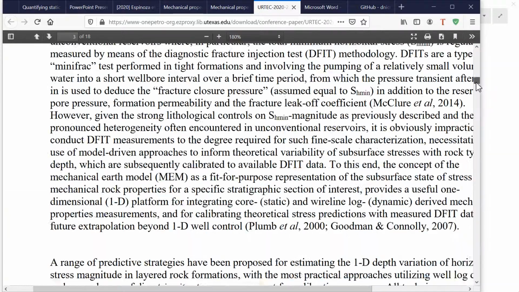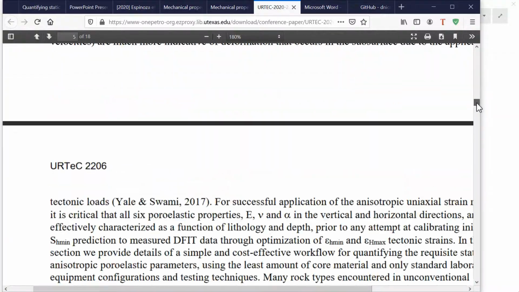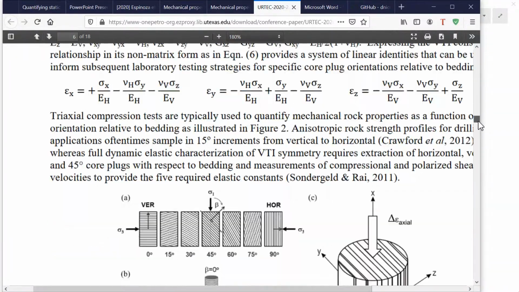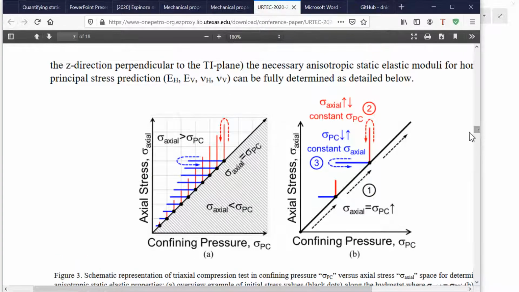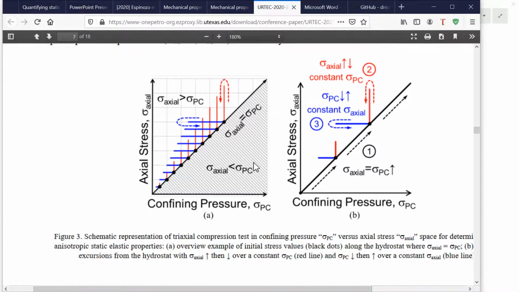And in this paper, the authors show how to combine different loadings and stress paths in order to fully measure the VTI coefficients of an anisotropic rock. It's a very nice paper, I recommend you read it.